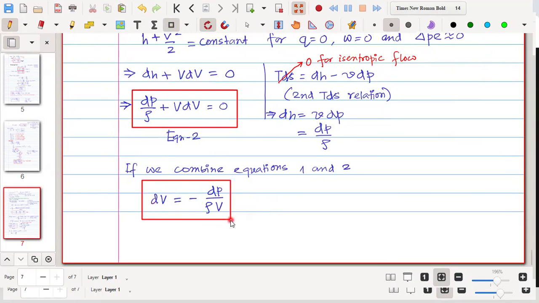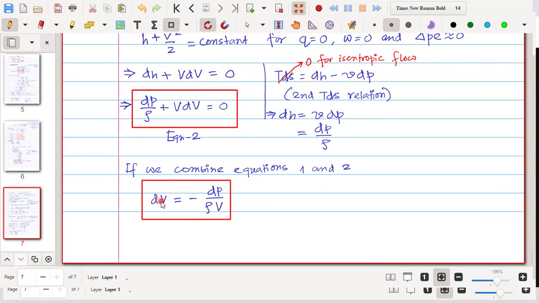From this relation, we can understand easily that if velocity increases, pressure will always drop, pressure will decrease. So this is a very important relation that gives us a good insight: if there is a pressure drop, velocity will increase, or vice versa.